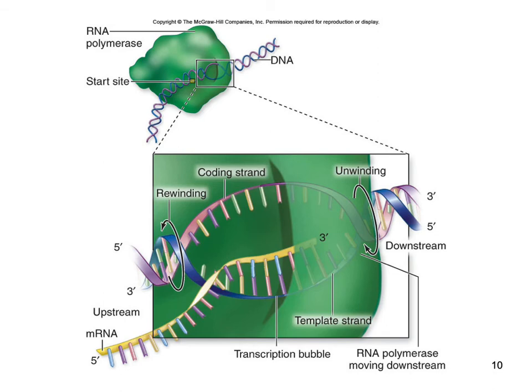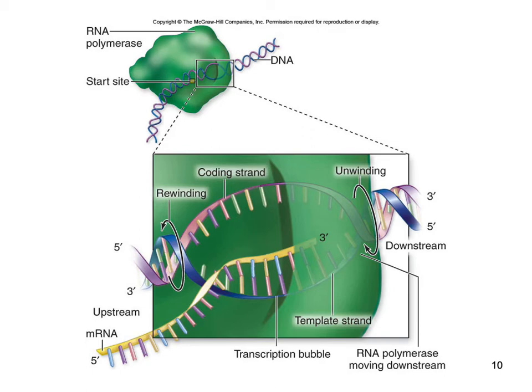This is the DNA double helix. It opens up, so the hydrogen bonds between these nucleotides and these complementary nucleotides had to be broken so it can be unzipped and opened. Template strand is the strand that is going to be read by the RNA polymerase.